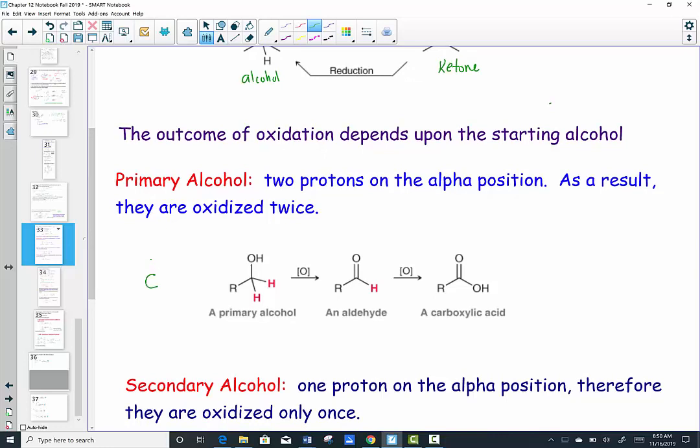The carbon that's attached to the hydroxyl group is attached to 2 hydrogens. Another way of saying that, the carbon that's attached to the alcohol is attached to just one other carbon. So I notice that we have 2 hydrogens, 2 sites of oxidation that are possible. For each of these hydrogens, we have a site of oxidation.